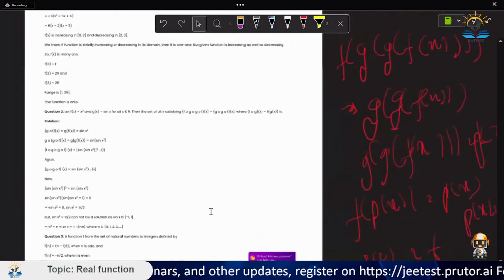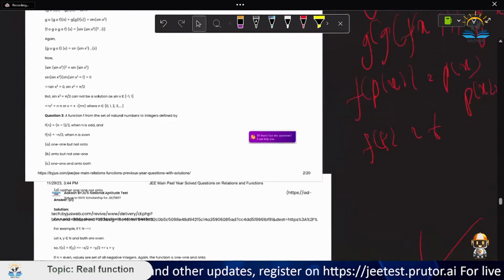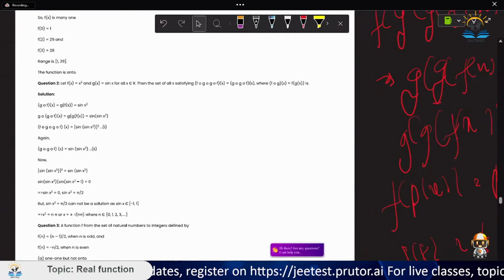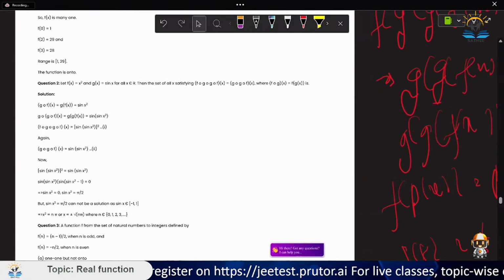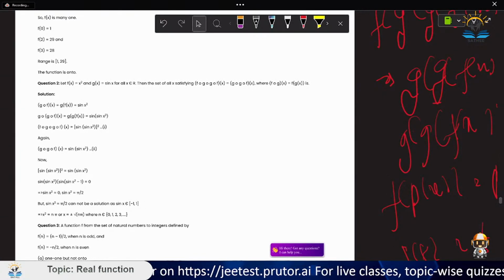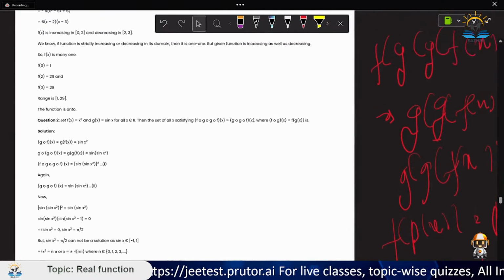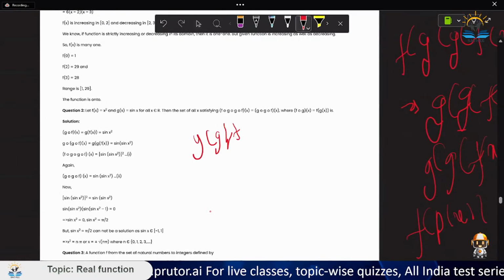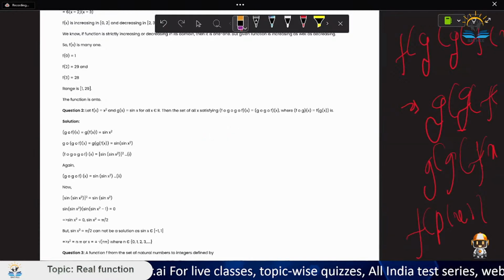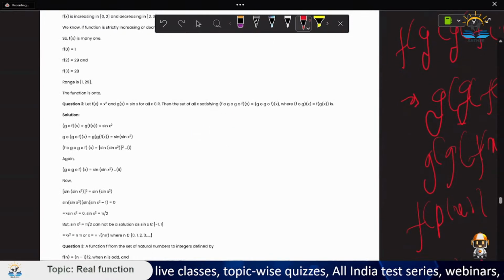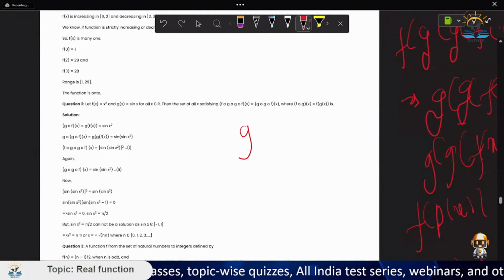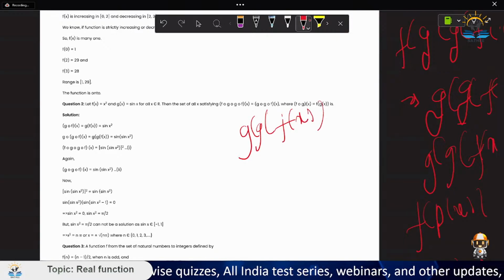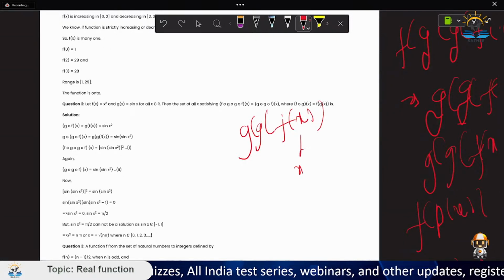And what is the question asking us? You can also calculate it. Yeah, it's simple only. So asking g of f of x. So f gives us x square.